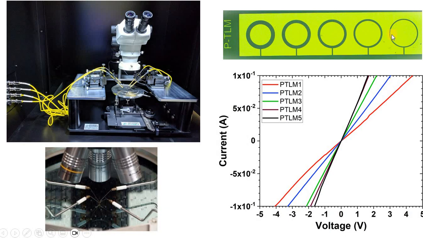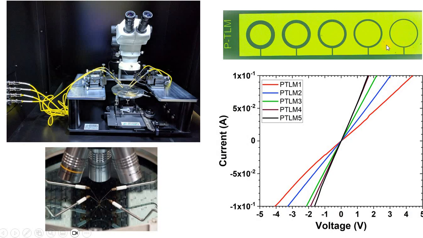The current is going to be the highest for the smallest distance, or the smallest spacing between these contacts. So this contact over here is going to result in the red IV characteristic. And by the way, this is a PTLM, which means that I applied the transmission line model for a P-type contact.